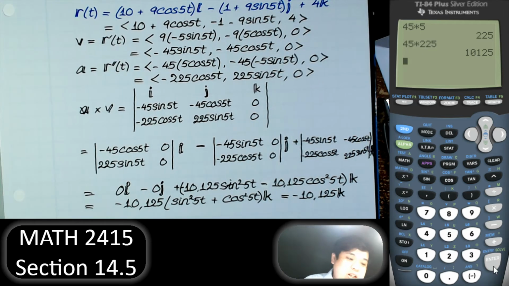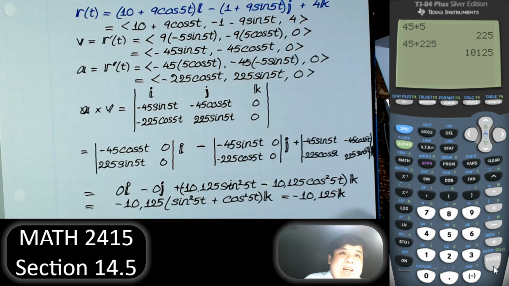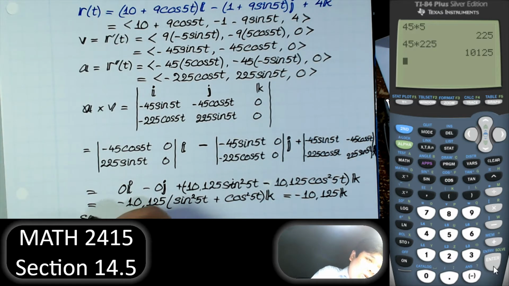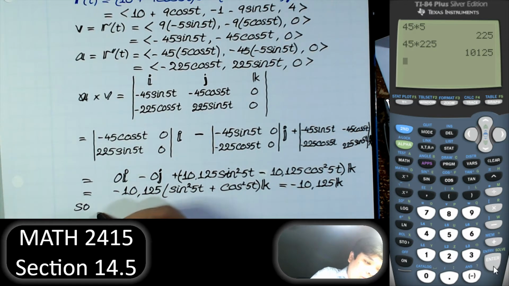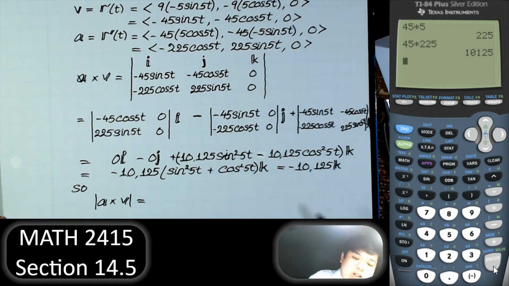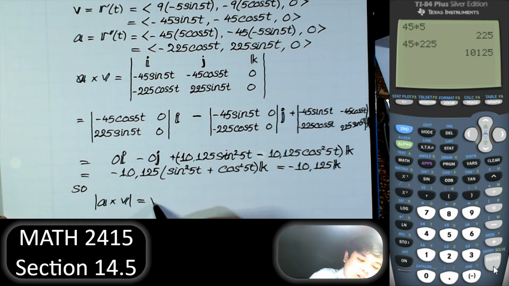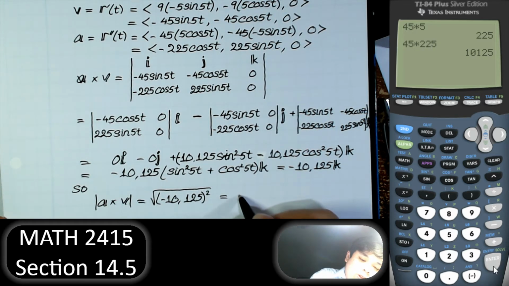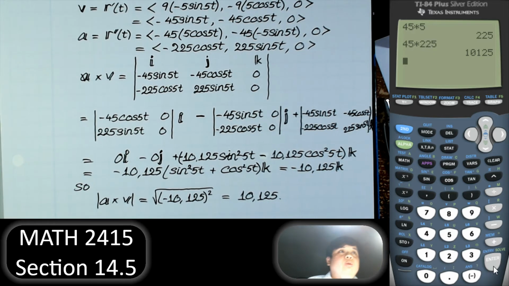Right, magnitude is easy, only one component. The magnitude is just like the absolute value, pretty much. So A cross V magnitude is just that, the absolute value.